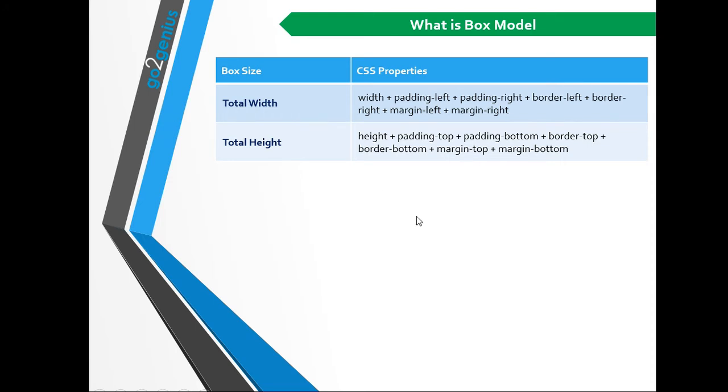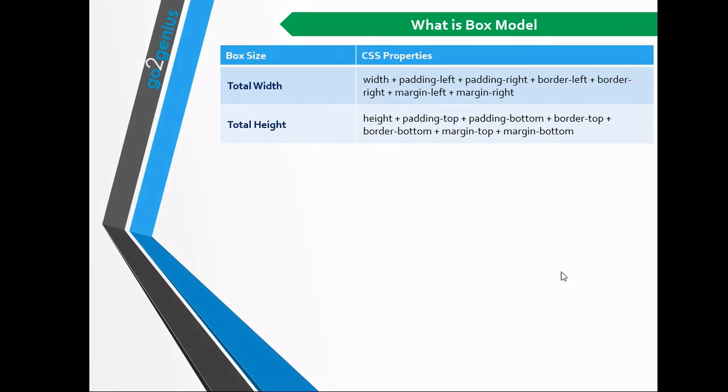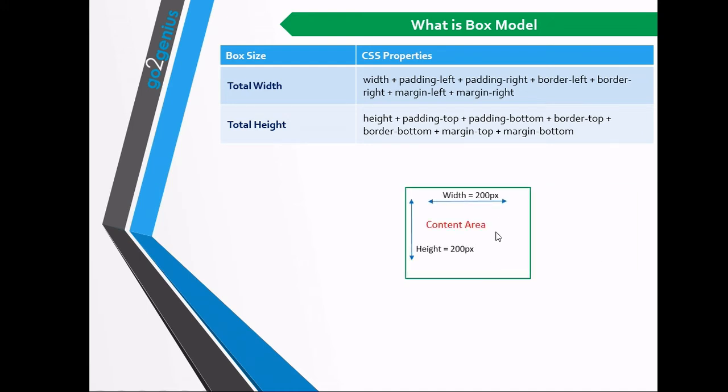This concept is called the box model. I hope you have understood the concept of the box model, what it is and how we can calculate the width and height of an element. So let's see by an example. Here I have a div. This div has 200 pixel width and 200 pixel height. This is our content area and we have set this width and height by using CSS.